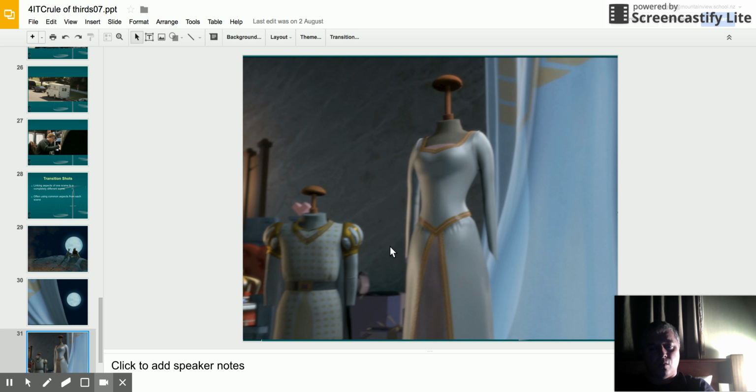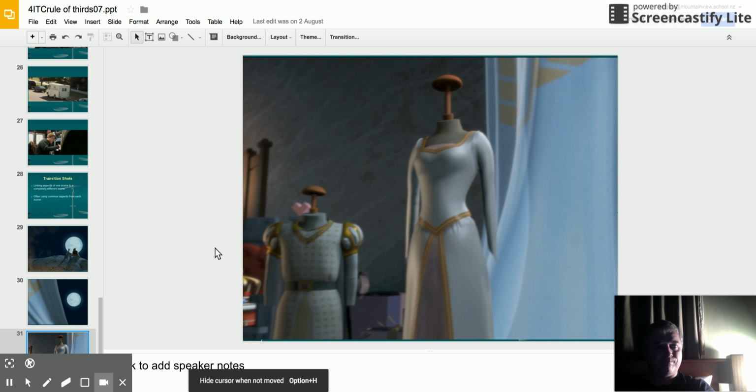So the point of this transition shot is to link different locations in time with the same time zone. So that's actually kind of amazingly cool. And that's it.